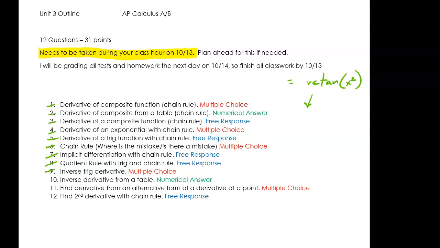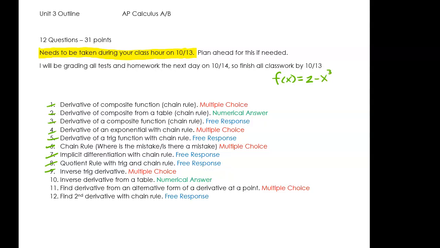Number 10 is inverse derivatives, not trig. So inverse derivatives are when you are given a function. Trying to remember, I feel like we had one like this. No, it was 5.